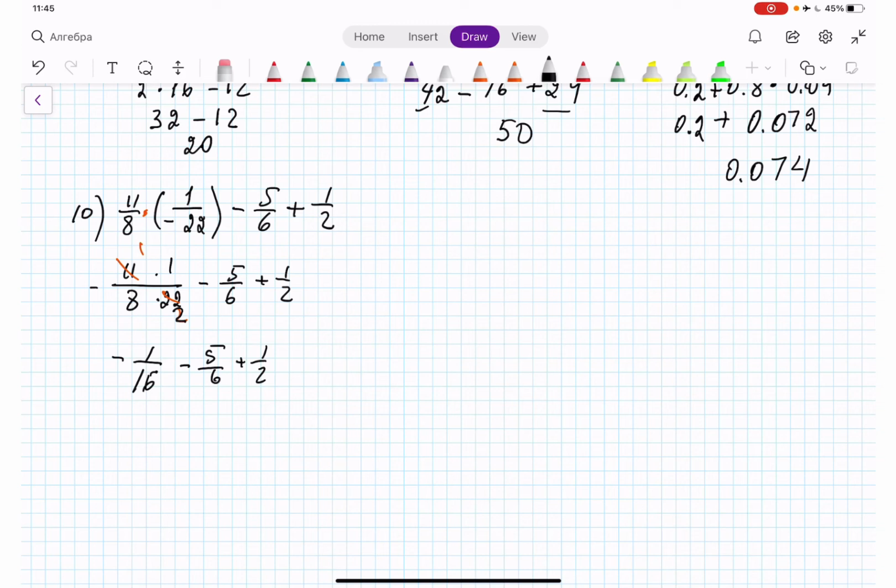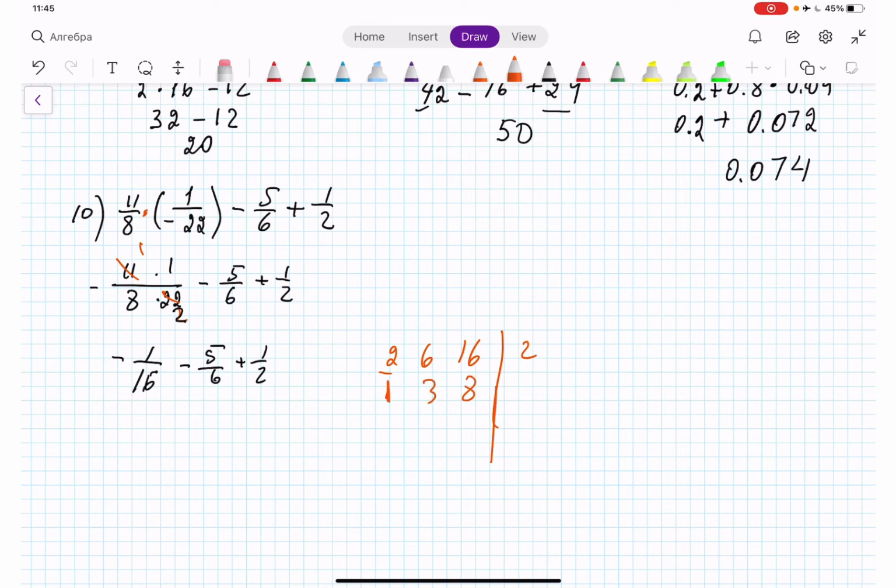Let's do common denominator, and you can look into addition and subtraction of whole numbers to see how to find the common denominator, but I will do it here also by drafting 2, 6, and 16. So the first number 2 is divisible by 2. We got 1 here. 6 divided by 2 is 3, here is 8.